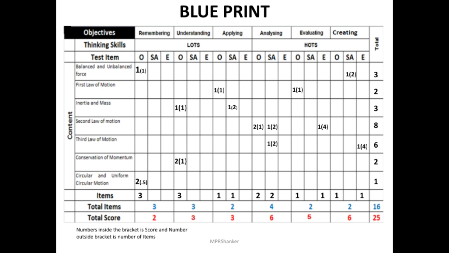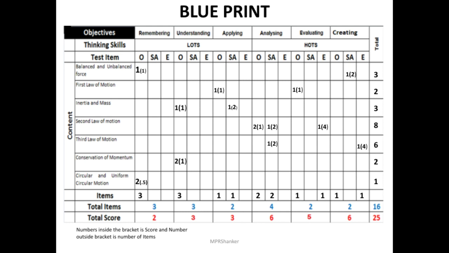The blueprint also gives the total number of items and total score. The numbers written in blue color at the second last row give the total items for each objective, and the numbers in red color give the corresponding score for each objective, and we have a total of score and items also in the blueprint.